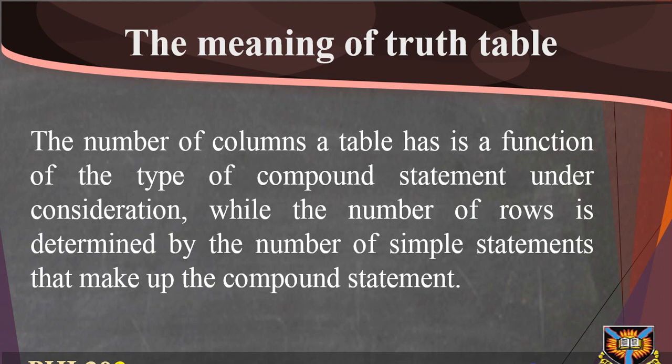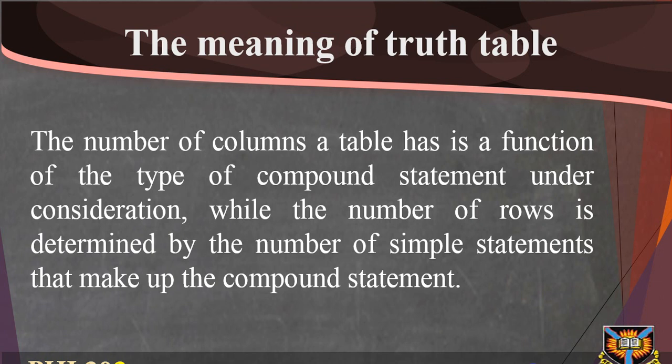Where you have 2 simple statements, it will be 2 raised to the power 2, which is 2 times 2 equals 4. It means for any compound statement having 2 simple statements, the truth table will have 4 rows.